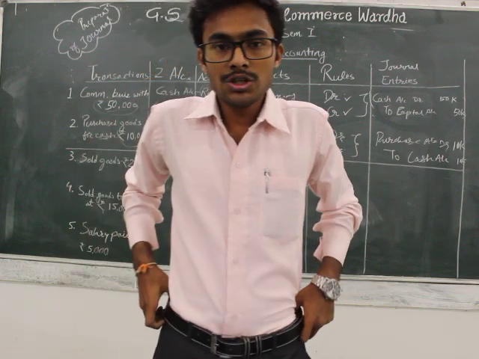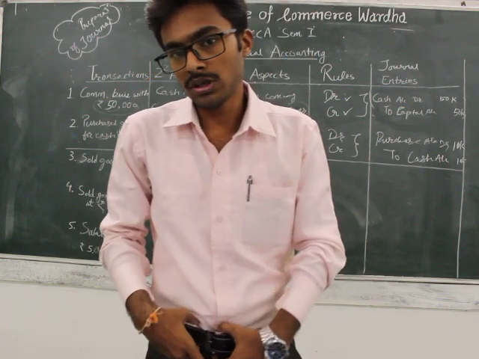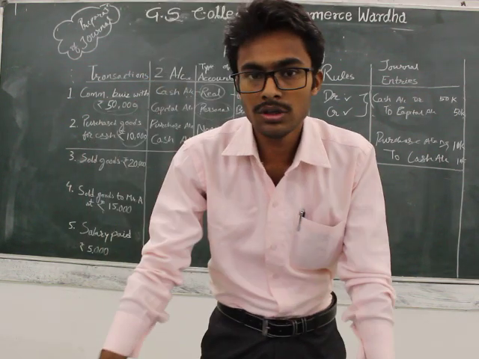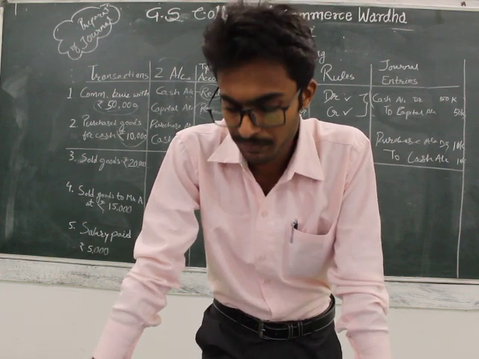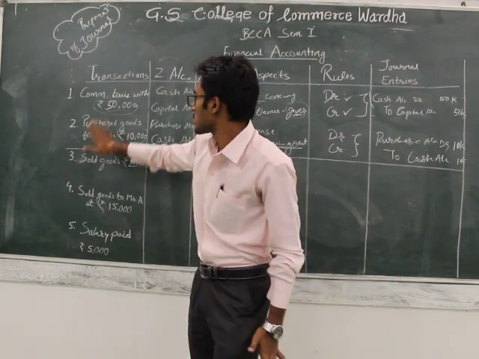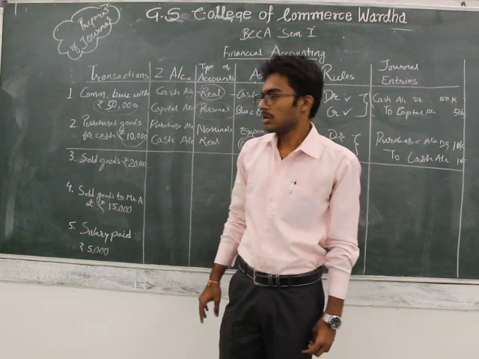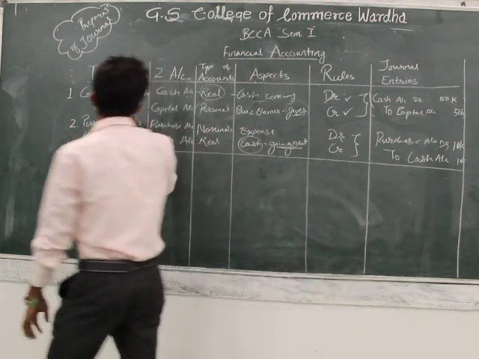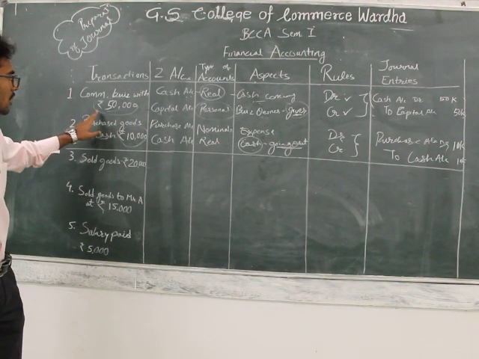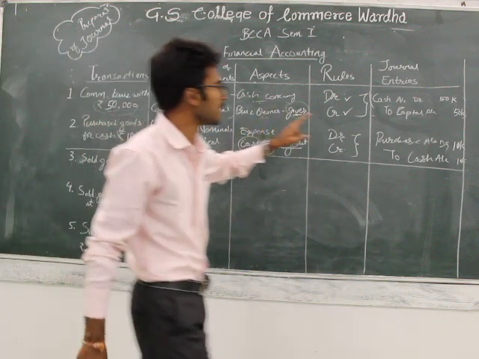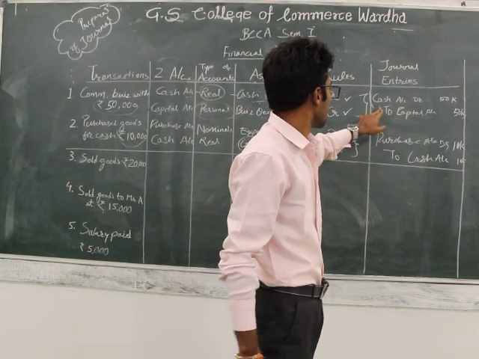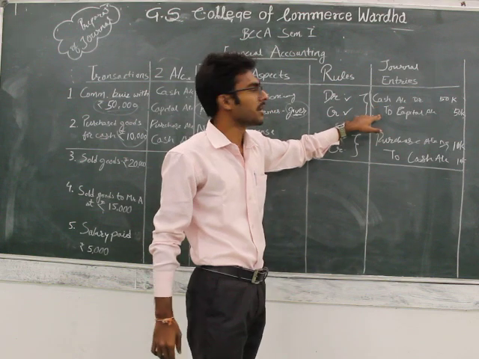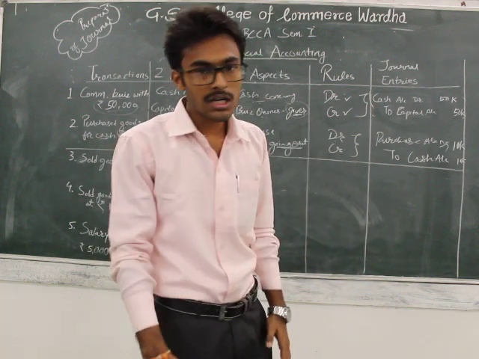As we have discussed, you are the owner of an all-in-one kirana shop. You have commenced business with rupees 50,000. For this, the entry was cash account debited to capital account. Why is cash account debited?